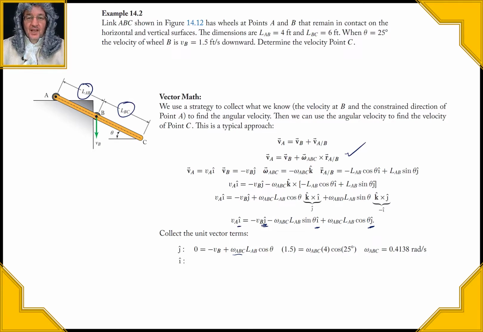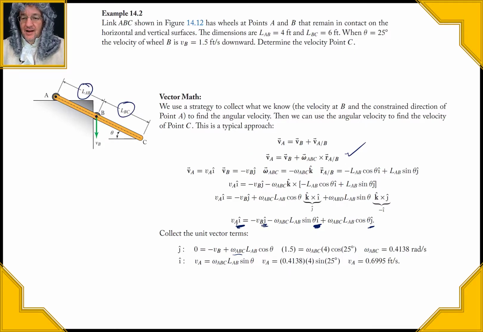Now, in the i direction, because we weren't actually asked for the velocity of A, we don't need to find it, but we'll go ahead and do it anyway. We collect those i terms, and because we know omega, we're able to find the velocity of A, and that's 0.6995 feet per second.